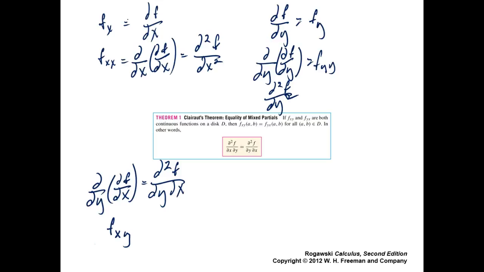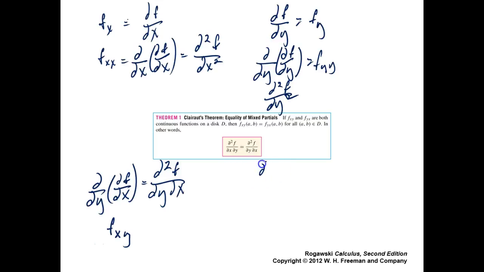It's this: you take the partial with respect to x, and take the partial of that with respect to y, which is exactly what you did here: partial of f with respect to x, and then take the partial of that with respect to y. But this has the y on the left and the x on the right. This has the x on the left and y on the right. Okay. And then, of course, you could do it the other way up here, too.